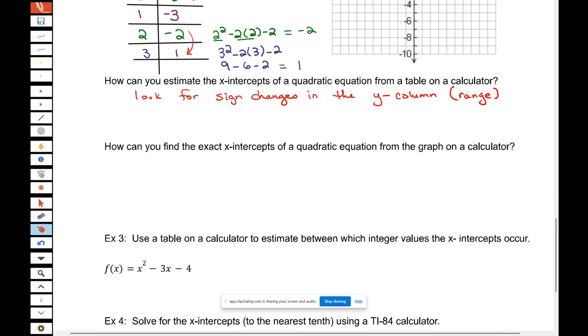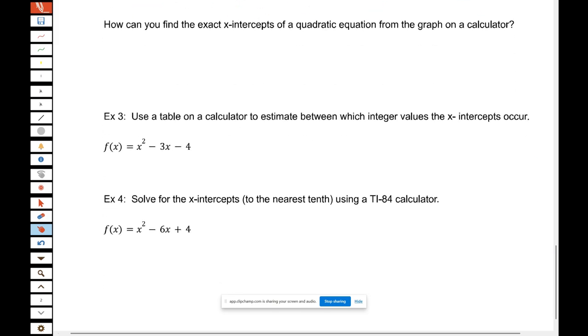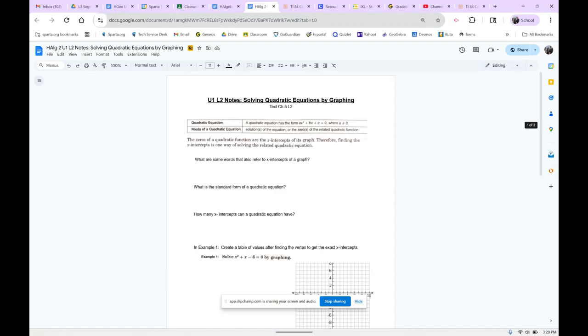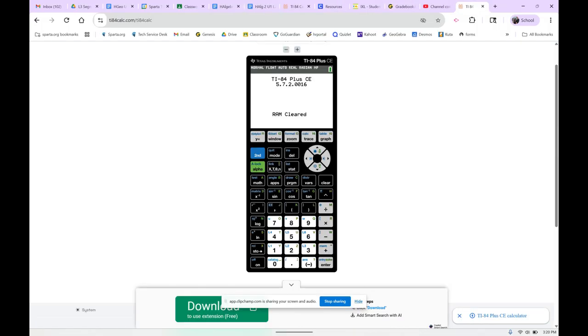How can you find the exact intercepts of a quadratic equation from the graph on a calculator? Well, I'm going to show you that. So let's go look at a graphing calculator here. All right, so we are going to graph the equation that we just did a minute ago.